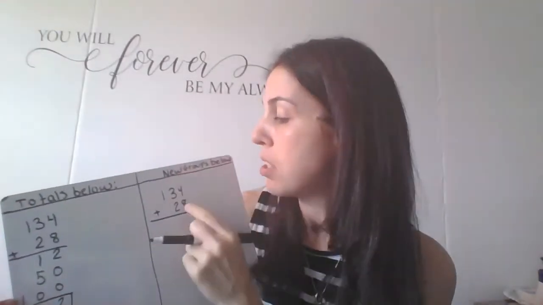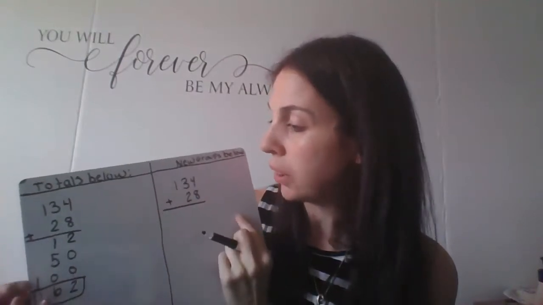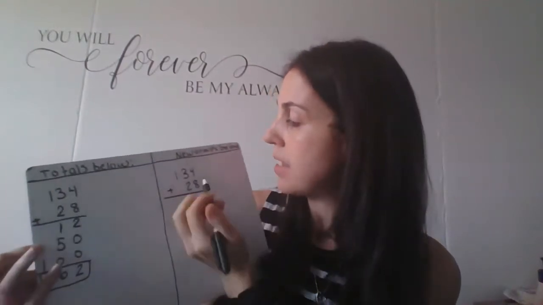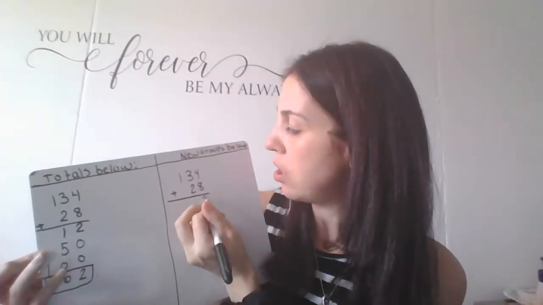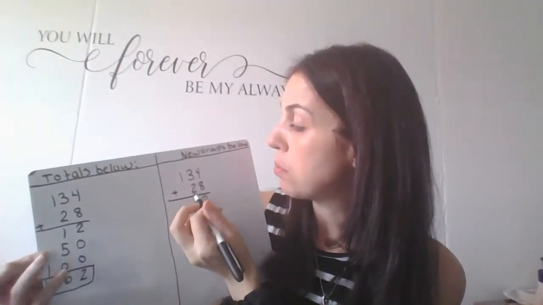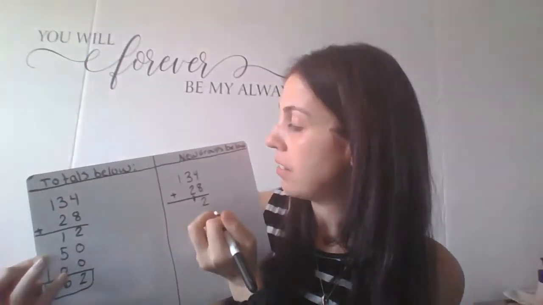Now, new groups below, this is the one that is new, where you put new tens and new hundreds on the line below. That's why it's called new groups, because when you have a new group, you add it, you write it below, on the line below, okay? So let's see. 4 plus 8 we know is 12, so I'm going to write the 2. New groups below, we write the 1 here on the line, okay?